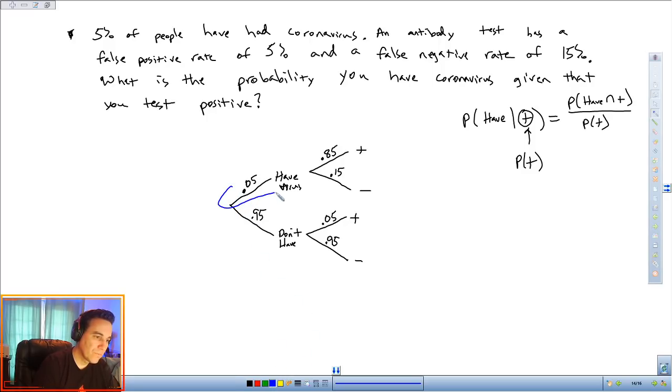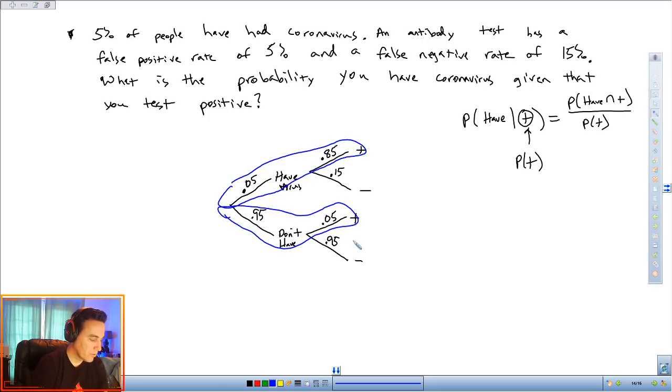So, probability of getting a positive test. This branch is a positive test, and this branch is a positive test, right? So, 0.05 times 0.85. So this branch, remember, you multiply down the branch, 0.05 times 0.85, and these positive tests, 0.0425.